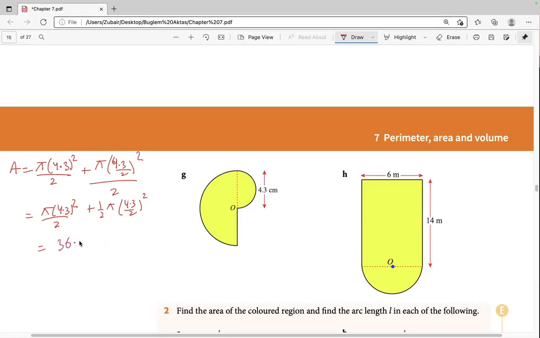Correct. Centimeter square. And then the perimeter.